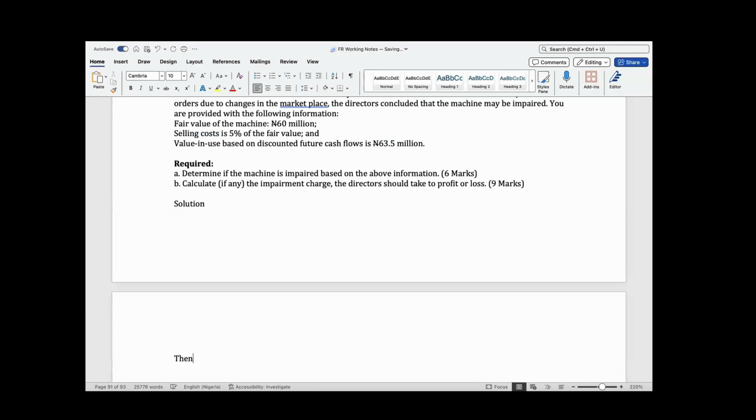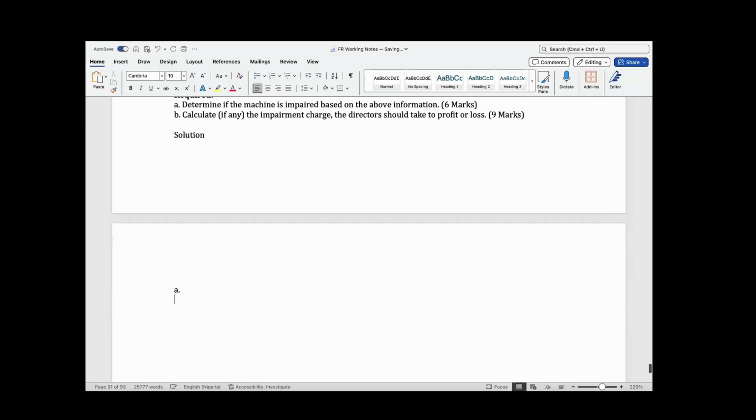So this is the A part, where they ask us to determine if the machine is impaired. A machine is said to be impaired in line with IAS 36 if the carrying amount is higher than the recoverable amount.